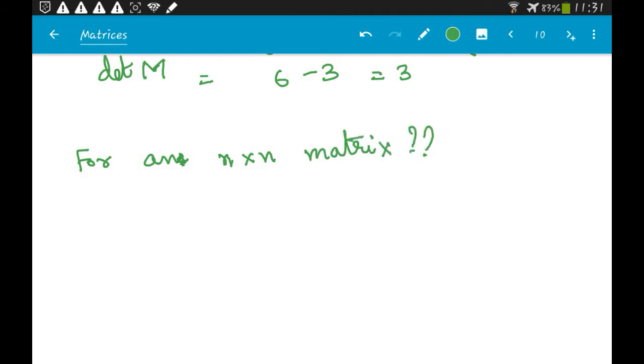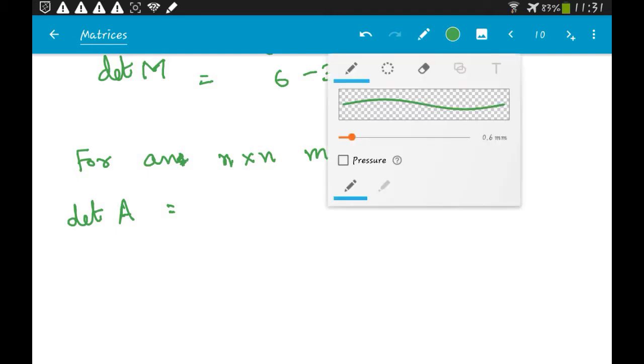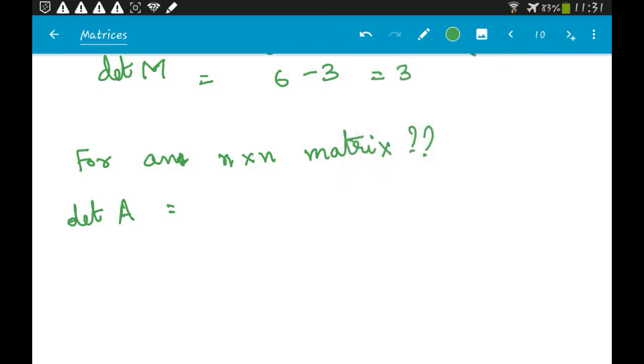Okay, so what about an n by n matrix? So determinant of A, what we will do is, let me write down A first, and then it will be easy for you to understand.